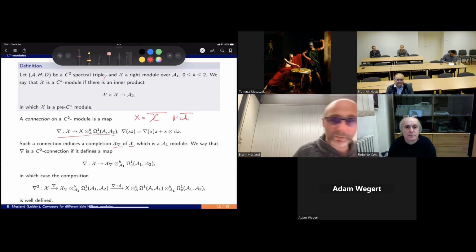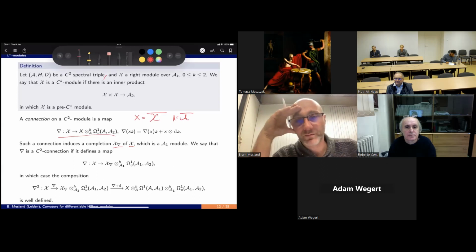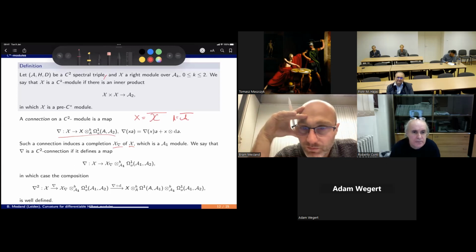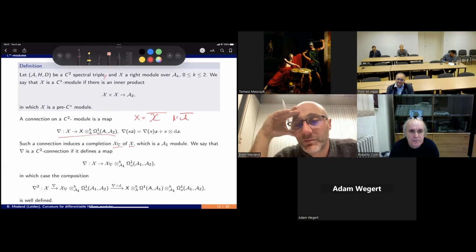Sorry, don't you require this X for this Haagerup tensor product to be defined to be an operator space? Yes, but any C star module is an operator space. Ah, so we identify this. Yes, it turns out that every C star module has a natural operator space structure coming from embedding it in its linking algebra.